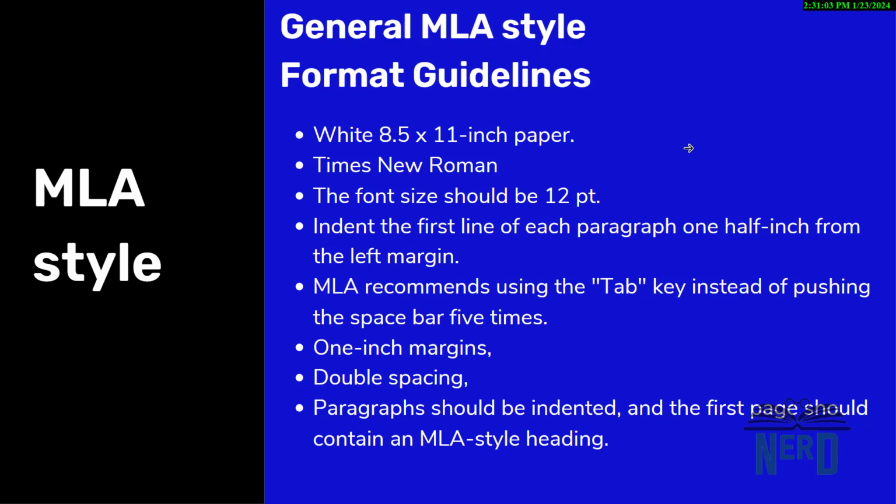And then MLA recommends using the tab key instead of pushing the space bar 5 times. Otherwise what you can do is select the whole document and then go to format, and then go to the indent option, and you can put 0.5 to the left. So whenever you're starting a new paragraph, a 0.5 inch margin will be there, right?